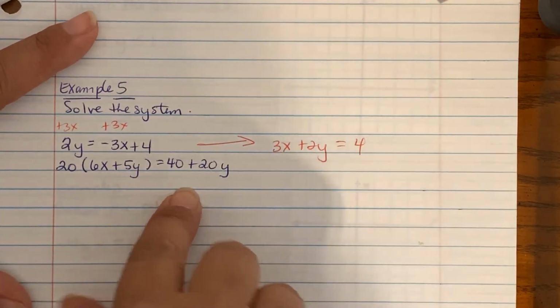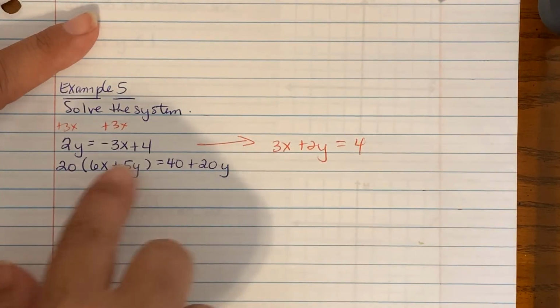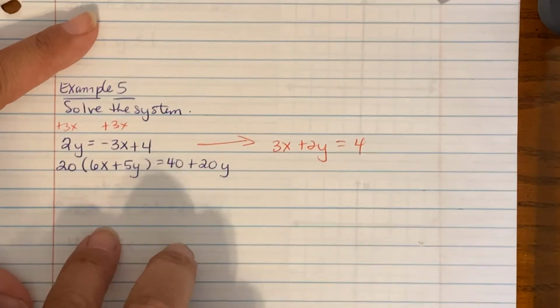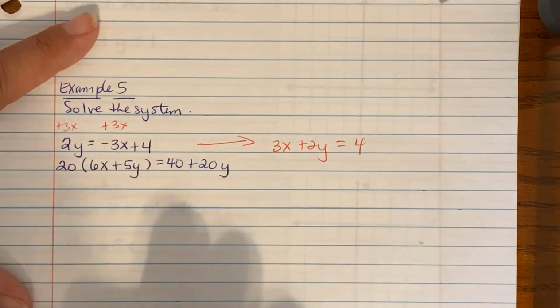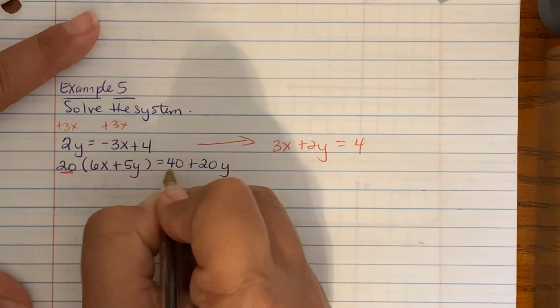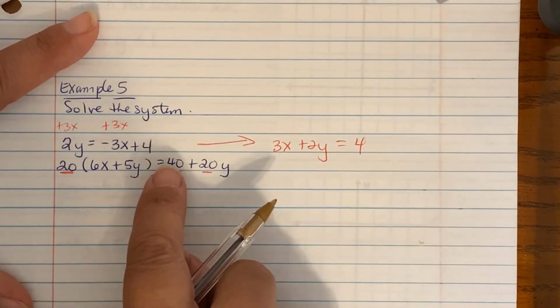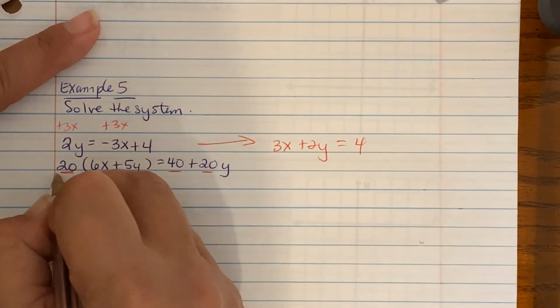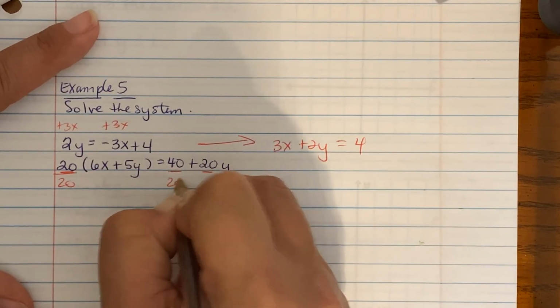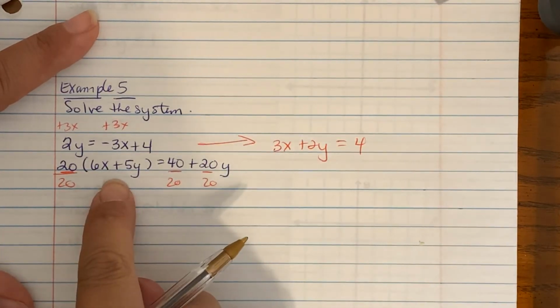Now the second one. Instead of distributing into the parentheses, when you come to a problem like this, first look at the coefficients. 20 is on the outside, 40 and 20 is on the outside. 20 can go into 40 and 20. So I'm going to divide all the pieces by 20. The parentheses is not touched.